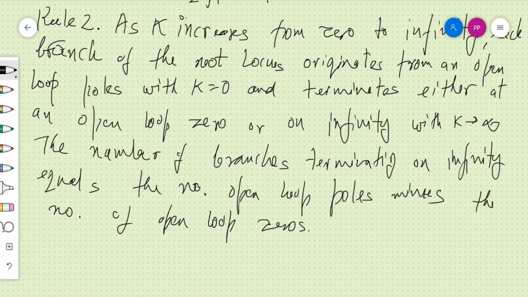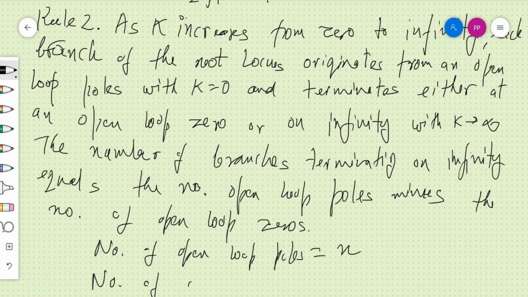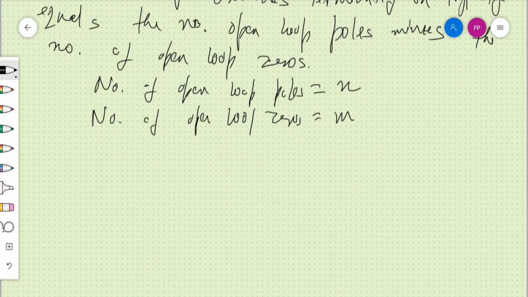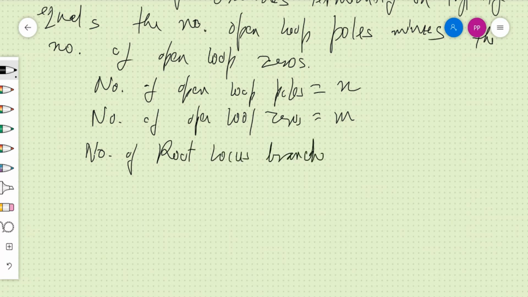So it means if the number of open loop poles is equal to n and the number of open loop zeros is equal to m, then the number of root locus branches terminating at infinity is n minus m.